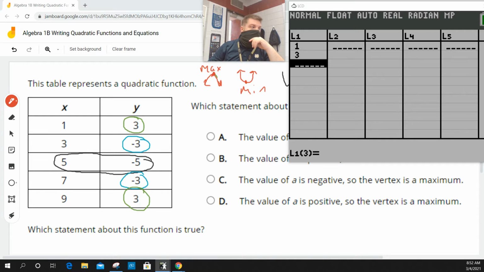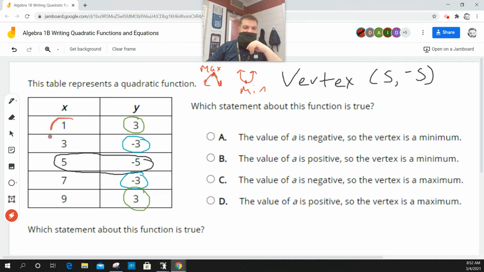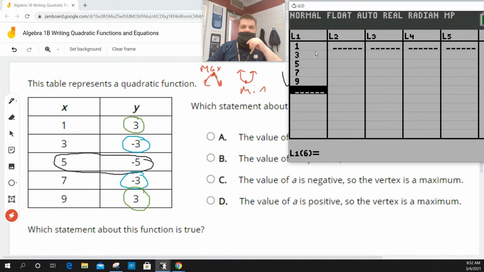My next x value is 5. My next x value is 7. Then I hit Enter. Then my next value is 9. So I have 1, 3, 5, 7, 9. Now, all I'm doing is copying this stuff right here and putting it right here in L1. That's my list 1.